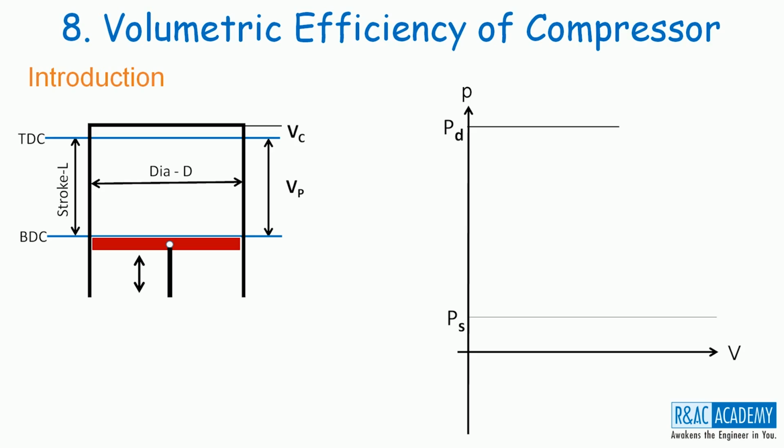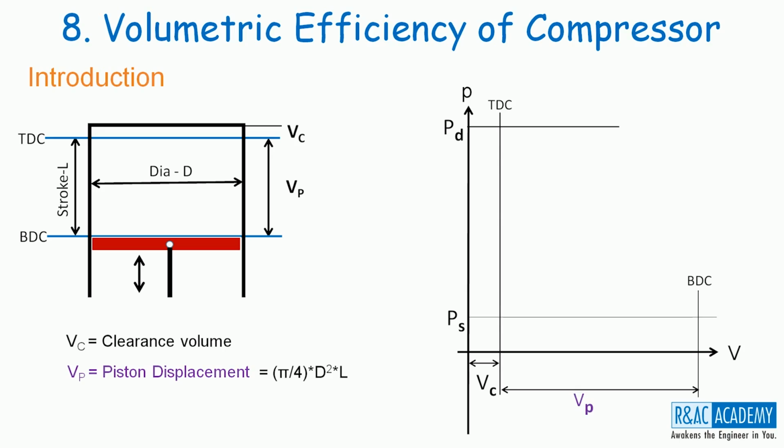PS is nothing but suction pressure, and it is synonymous with evaporating pressure. On the volume side, the limits are TDC and BDC. This is the clearance volume and this is the swept or stroke volume or piston displacement when plotted on the PV coordinate system.